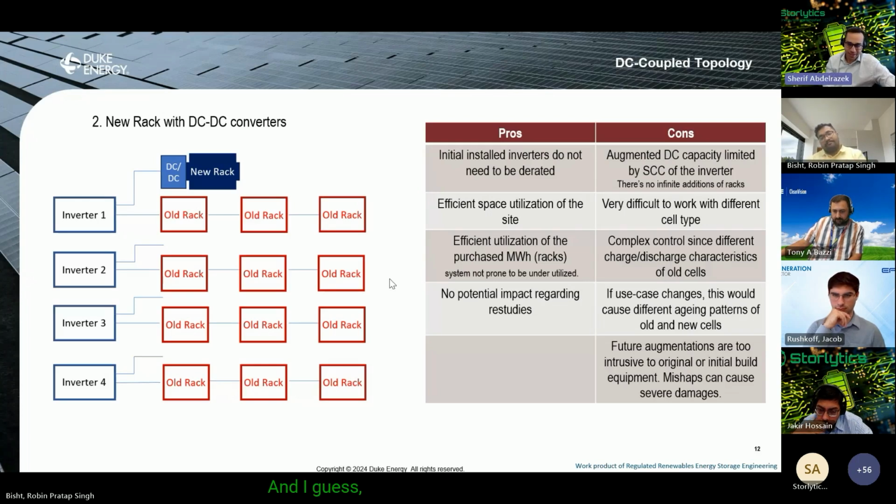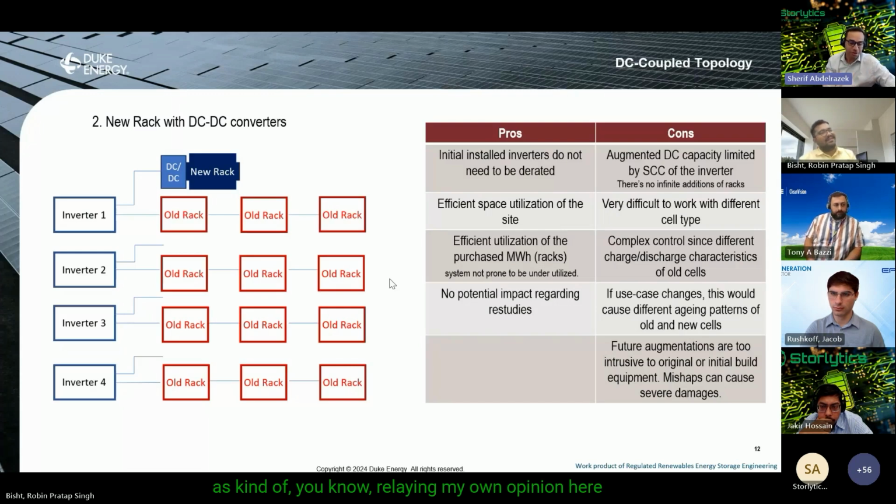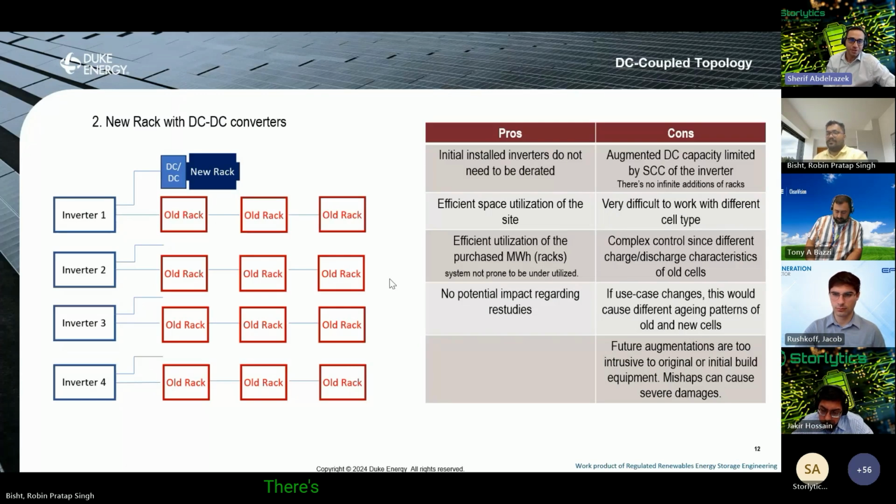All right, and I'll just add to this point. It's heartwarming to see that comment from Francesco, relaying my own opinion here. DC augmentations are very worrying to me as an energy storage engineer, right? There's a multitude of risks associated with the different types of DC augmentations.